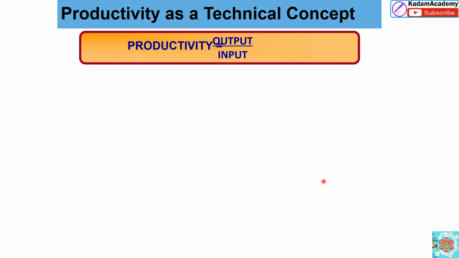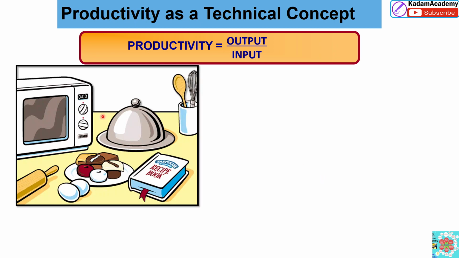Now we'll go forward. Productivity is what? Output upon input. Suppose I take one example: if you are going to prepare a cake at home, what are the inputs here? Visualize the cake: the recipe book, the devices, the spoon, the oven, the pot, eggs or bread, these are inputs, resources.